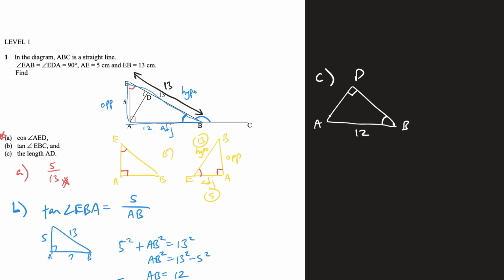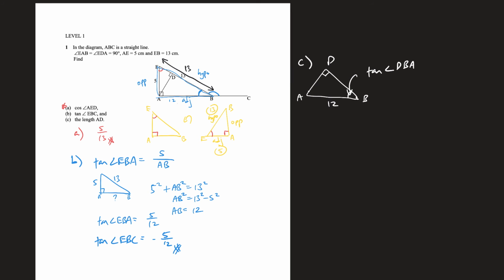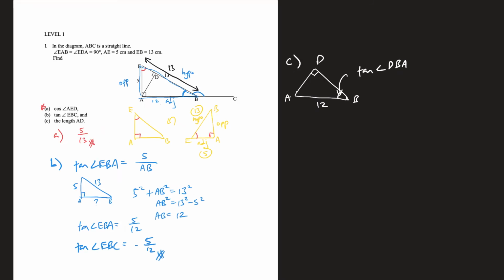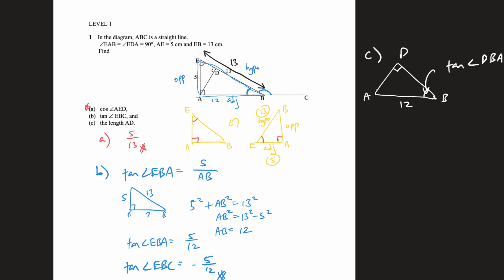I don't really know much else, but I do know that tangent of this angle, DBA, which is the same as EBA, is 5 over 12. We got it from here: tangent of EBA is 5 over 12.